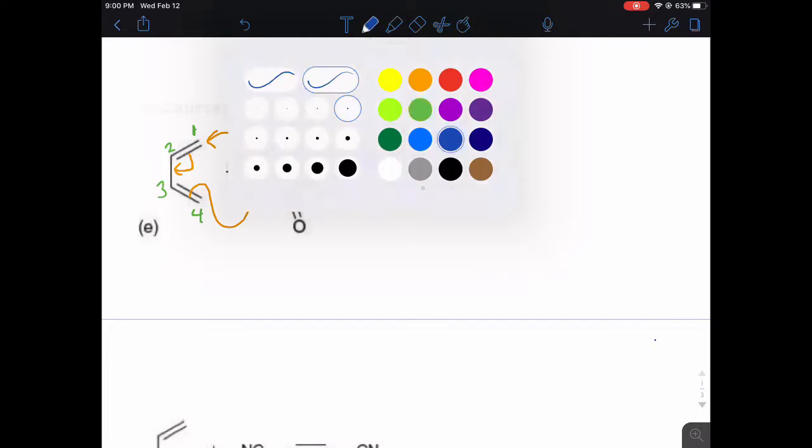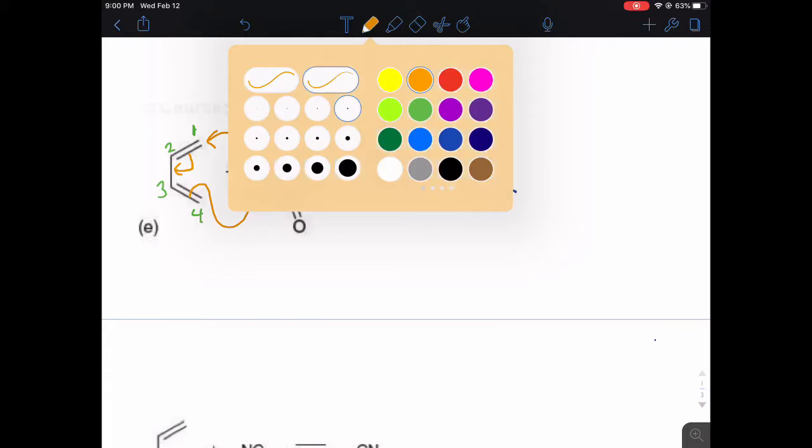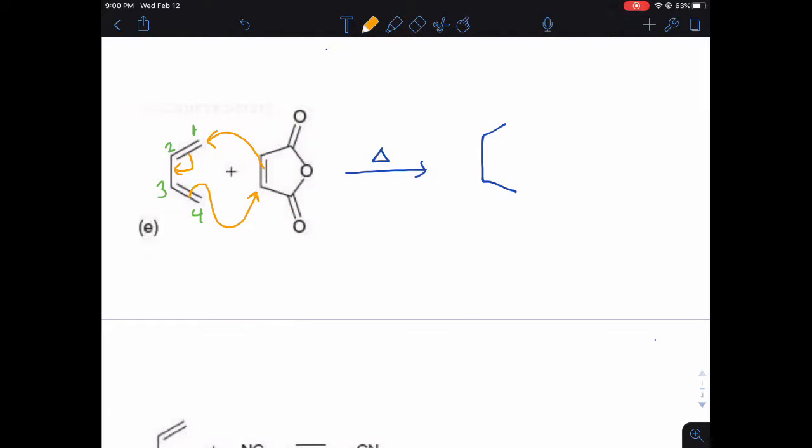So let's first draw those 4 carbons without the pi bonds. Since we broke the first bond, we don't need to draw that. We made a new bond right here between carbons 2 and 3, right? And we formed a new bond right here, right? If you go back to the arrows, you'll be able to see this.